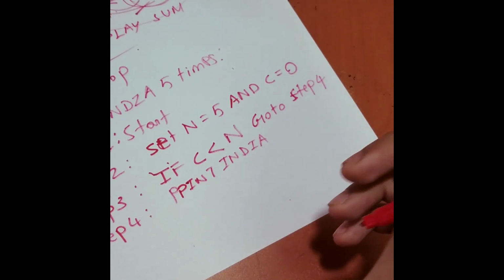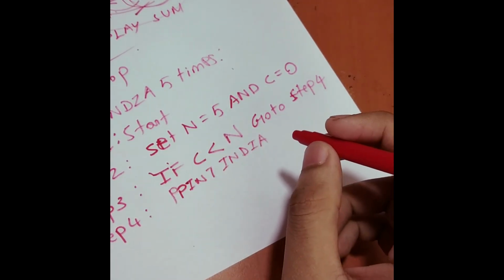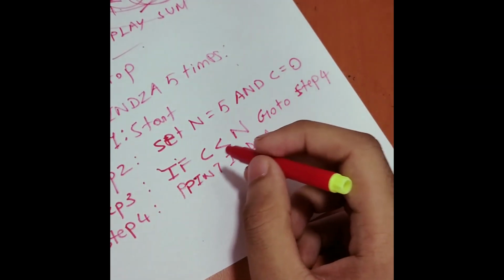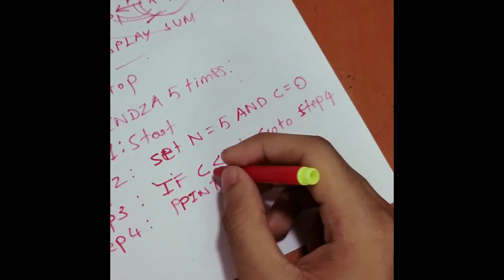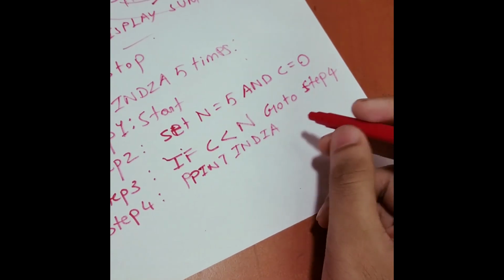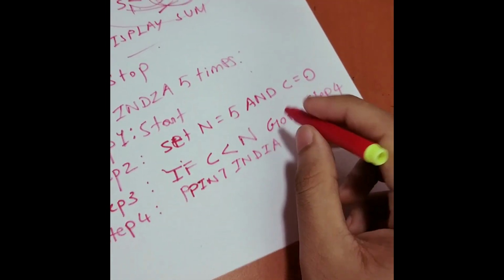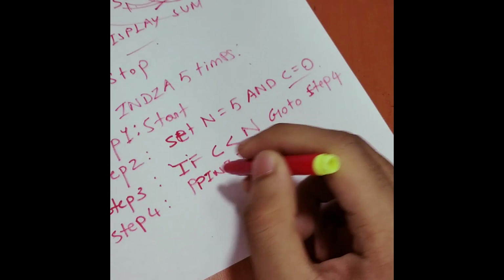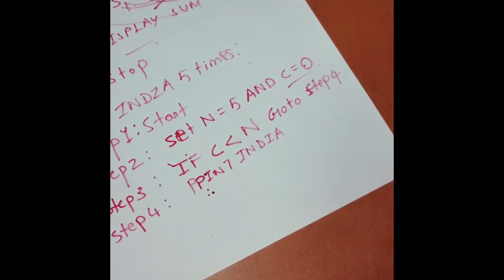I don't know if any of you have identified the step error or not, but there is a step error. What is the step error? The step error is that when C is equal to 0, India should be printed.